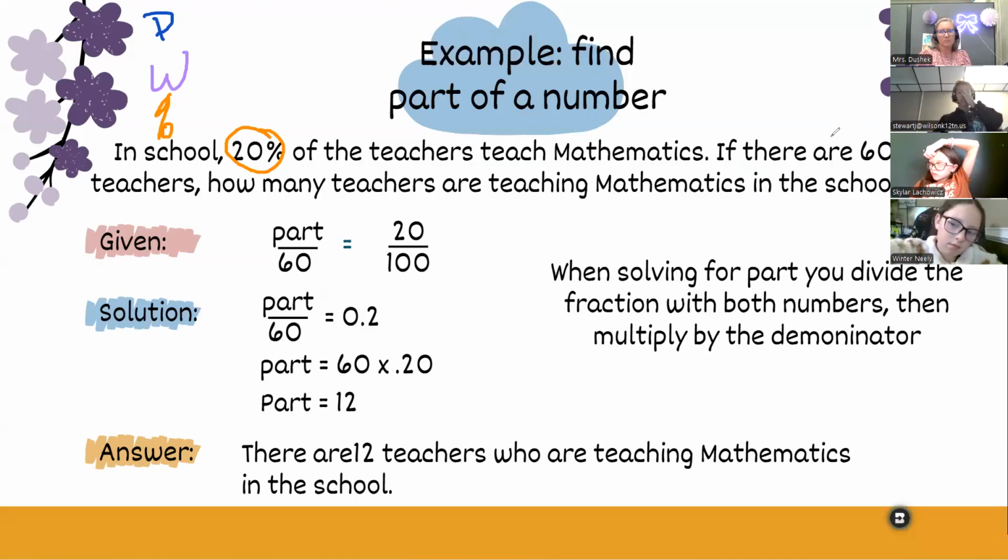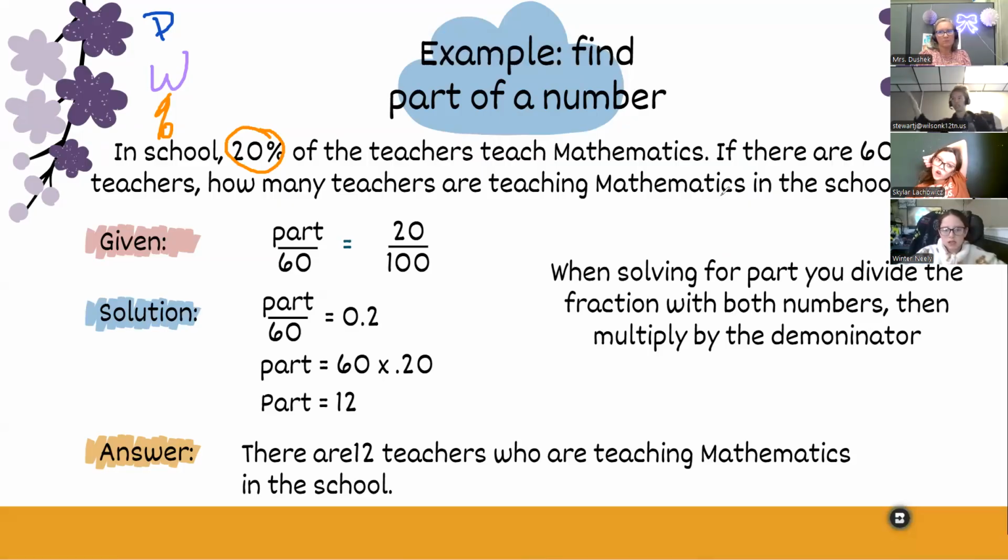Now, it says if there are 60 teachers, how many teachers are teaching mathematics? So it says if there are 60 teachers, is 60 going to be the total number of teachers, or is that the part of the teachers? When the question is, how many teachers are teaching mathematics?